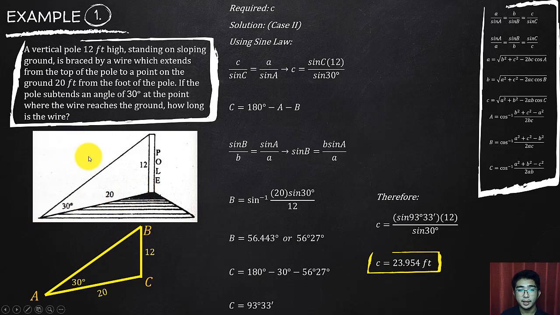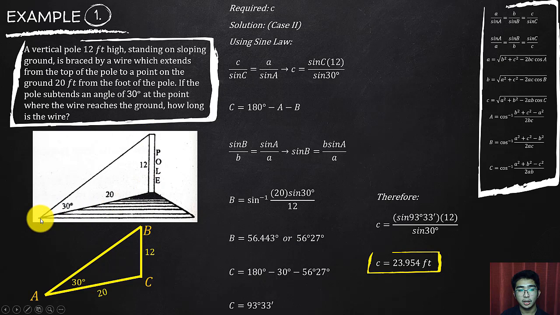If the pole subtends, meaning this is no longer an angle of elevation from the horizontal, an angle of 30 degrees at the point where the wire reaches the ground, how long is the wire? Subtending means the angle that was swept to look at the top of the pole from the ground.